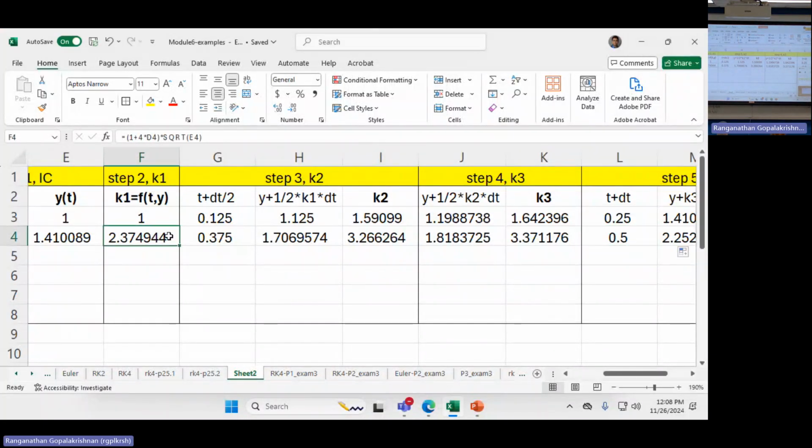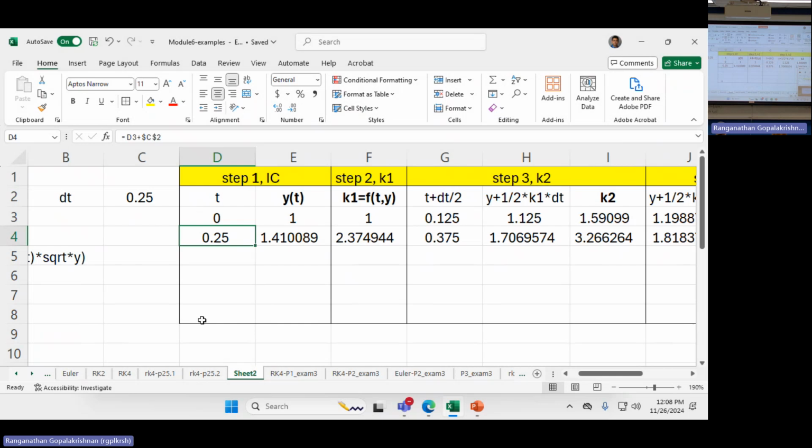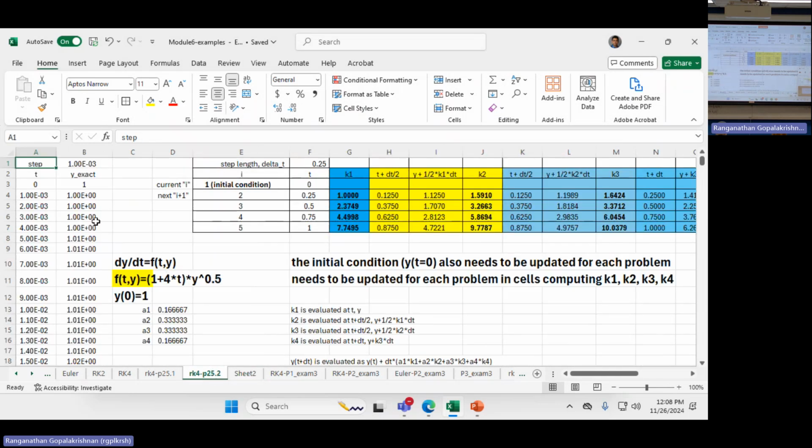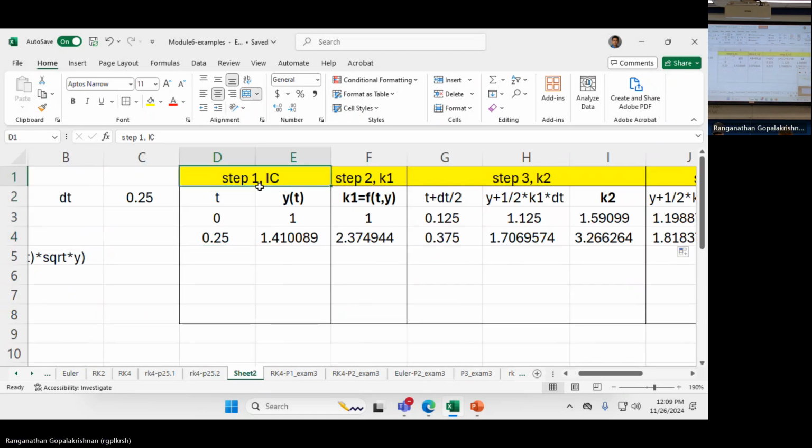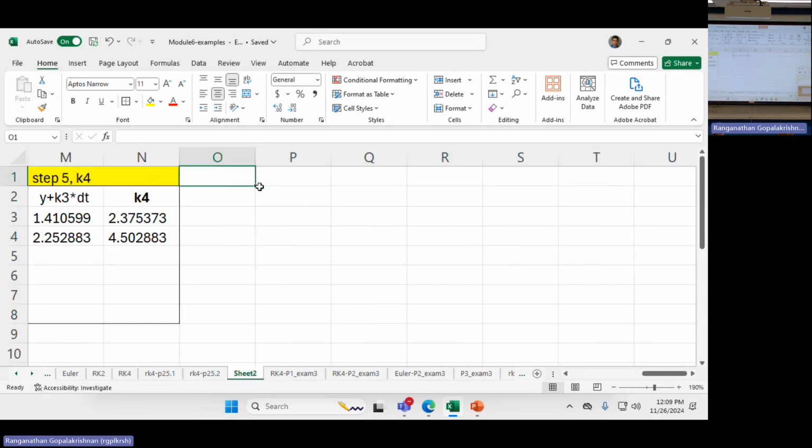All right, so here we have y is 1.410089. And if I go back to this sheet, I can check what my exact value is. What is my y exact? I have a formula.